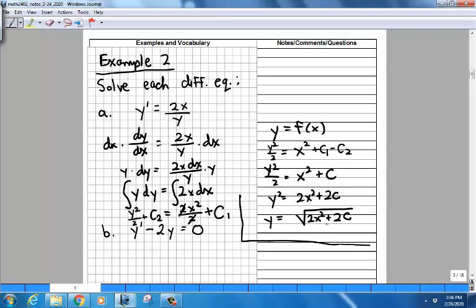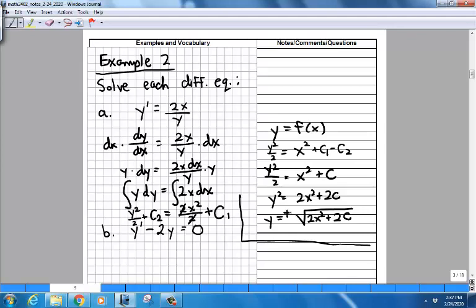By the way, 2 times the constant is another constant, so you could just write this as c. But let's leave it written like this. Let me remind you here that when you take the square root of a quantity, quantities can have 2 square roots. So what do I need to put here in front of my plus or minus? That's right.